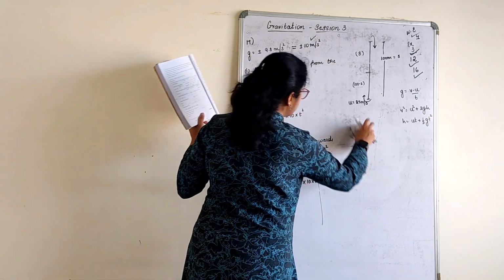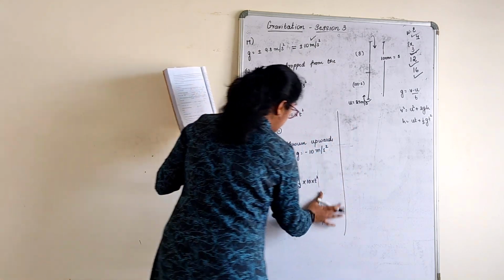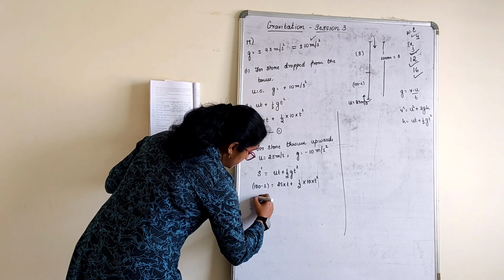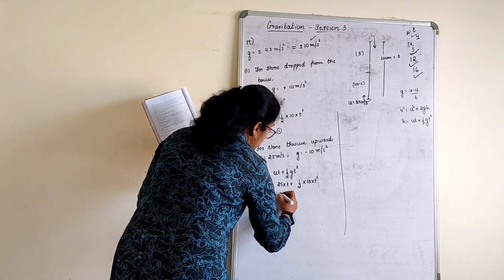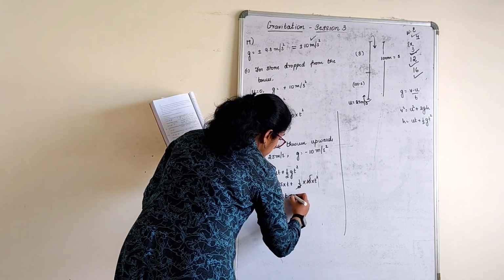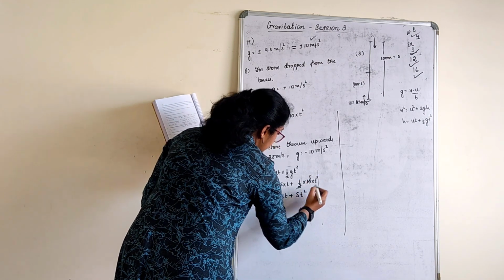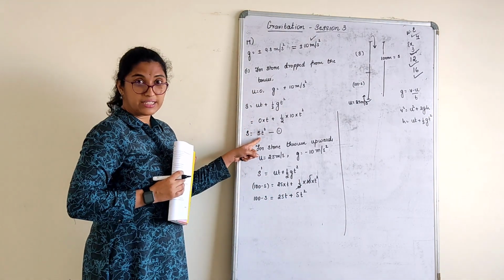So, shall I just erase this and do the sum here, or I can do it here also? Till here it is very clear. Keep this as it is. 100 minus s is equal to 25t plus 5t square. What is s? s is 5t square.